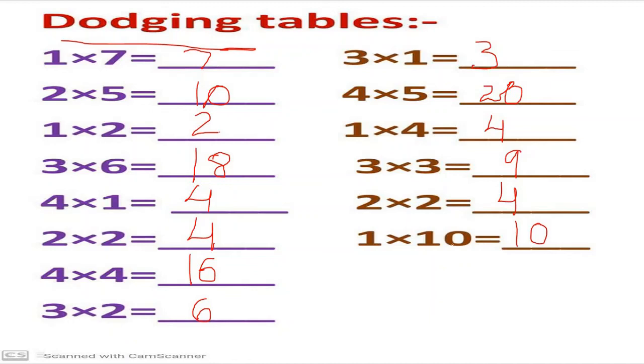So look, my dear students, definitely each and every day you have to memorize the tables. We have 7 days in a week, okay? So if we leave Sunday, from Monday to Saturday you definitely practice the tables. One day you practice table of 1, next day table of 2, after that table of 3, table of 4, okay? And inshallah, you will all memorize the tables.